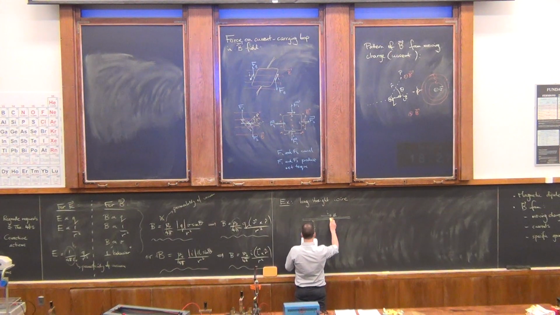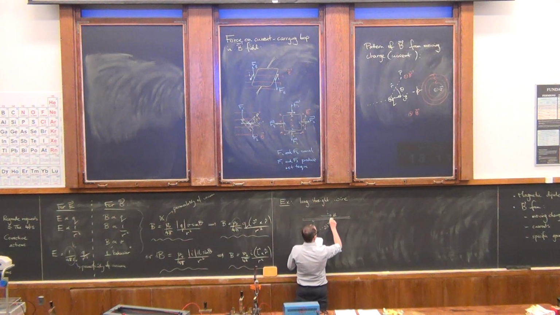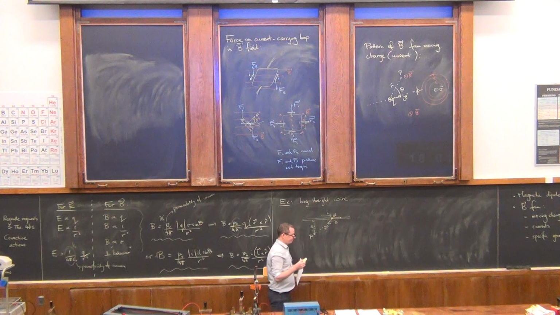And I'm going to draw the vector that points from this to the point of interest. So the analogous thing to little r up there. So that's little r. The direction of the current is in this direction. So the angle between them is theta.